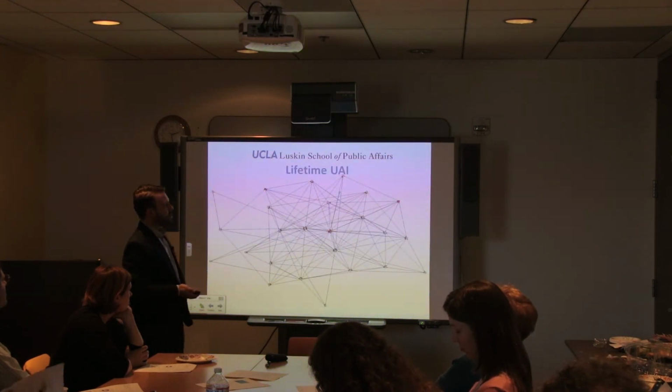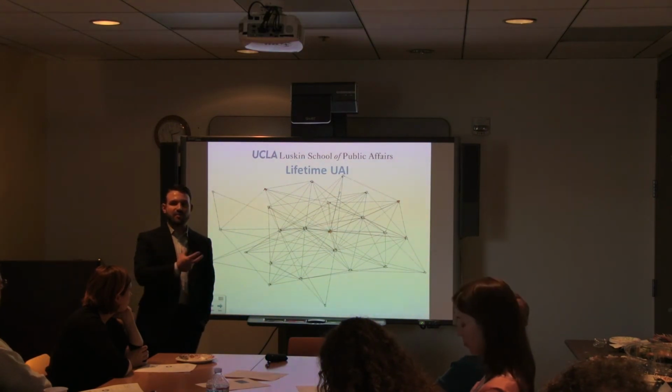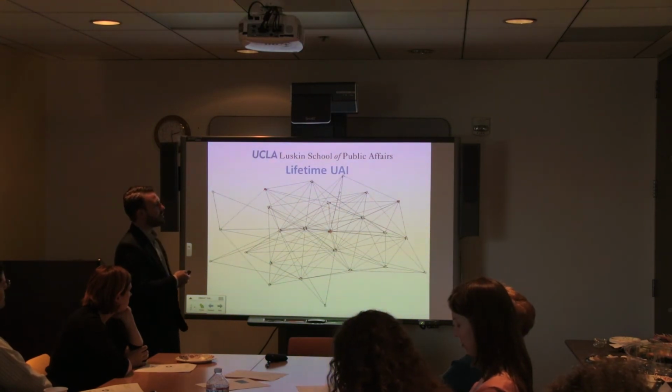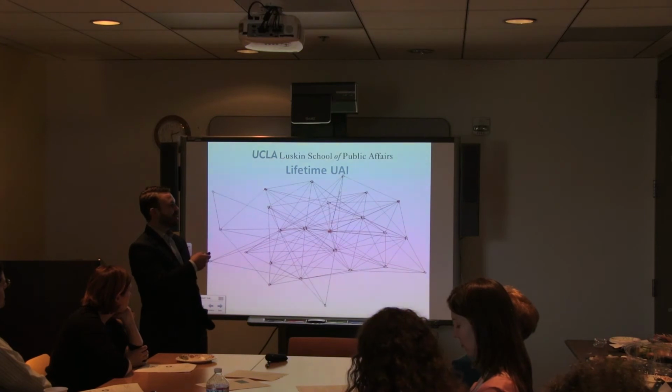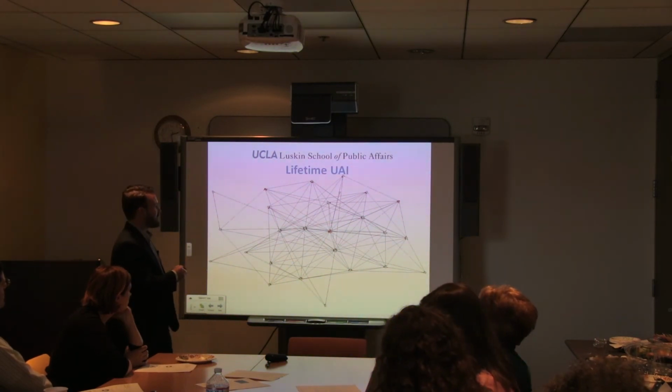I mentioned before that because you have all this individual-level data associated with venues, you can aggregate that individual-level data. Here we looked at lifetime STI. I put UAI, but this is lifetime STI infection.